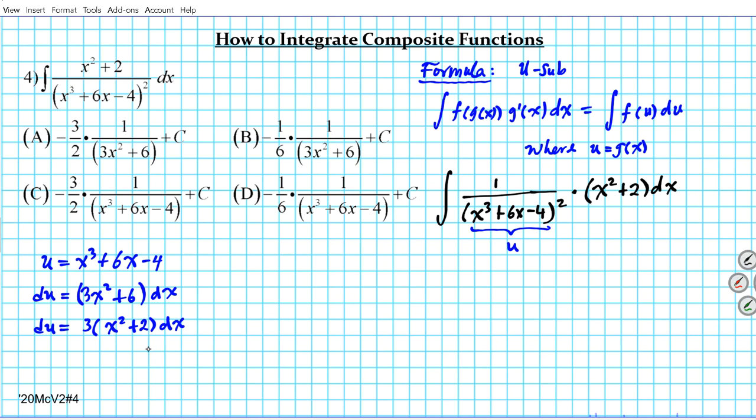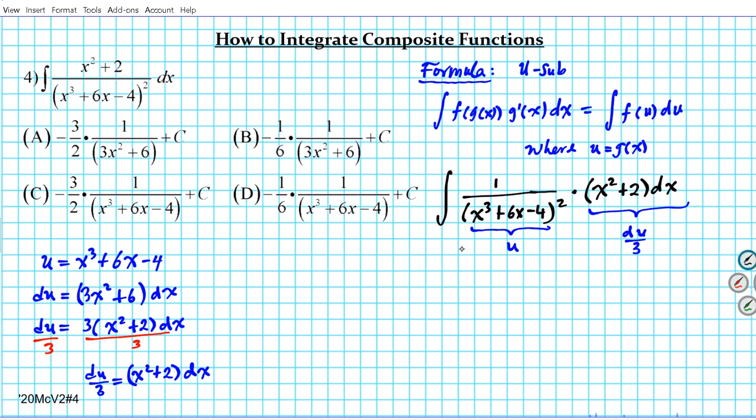We want x squared plus 2 dx, but there's a 3 hanging out there, so we divide both sides by 3 to get rid of that 3 coefficient, and then we'll have a clean substitution. So du over 3 is x squared plus 2 dx. This entire component will be replaced with du over 3.